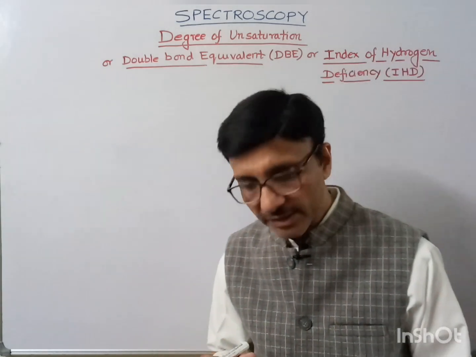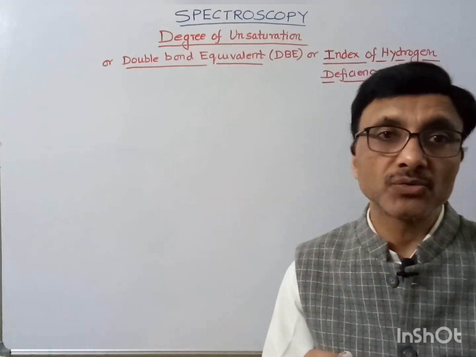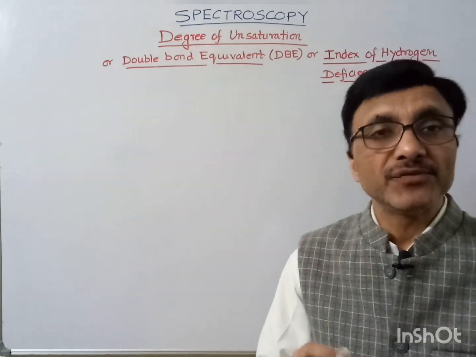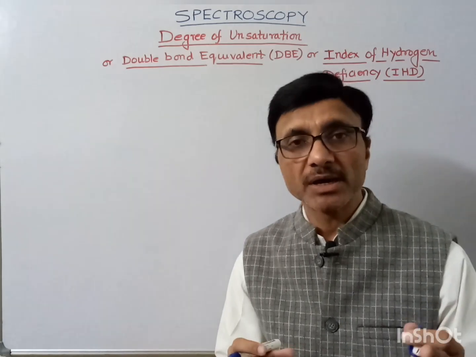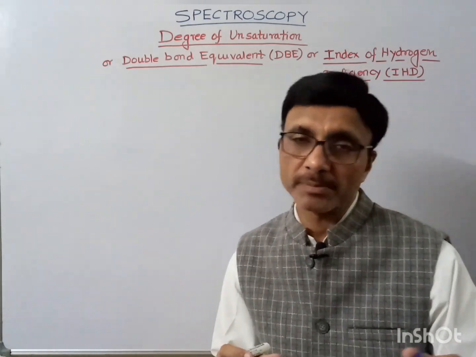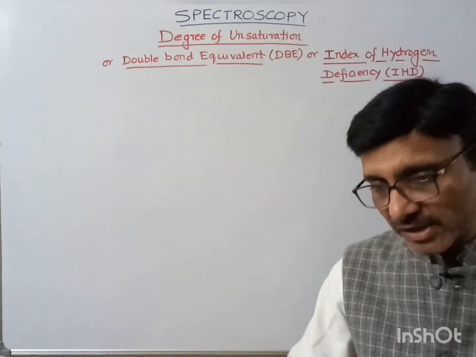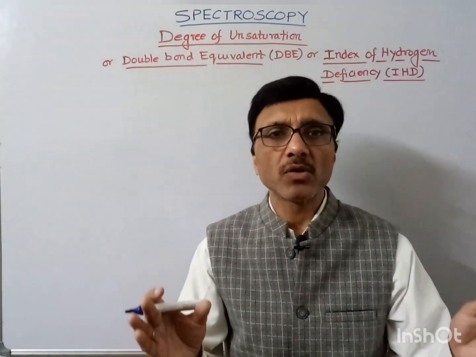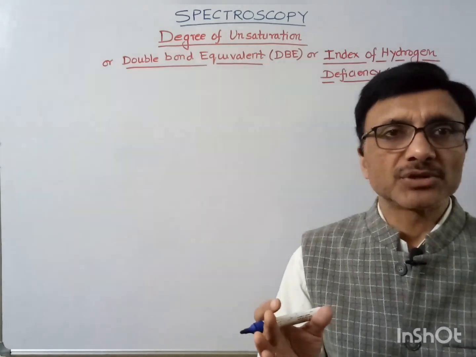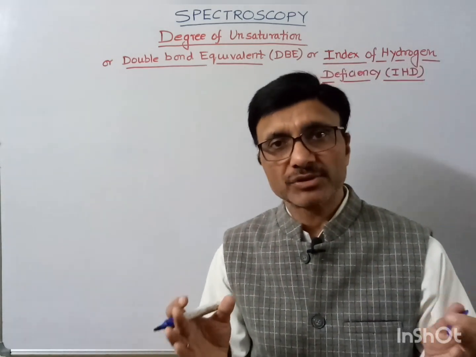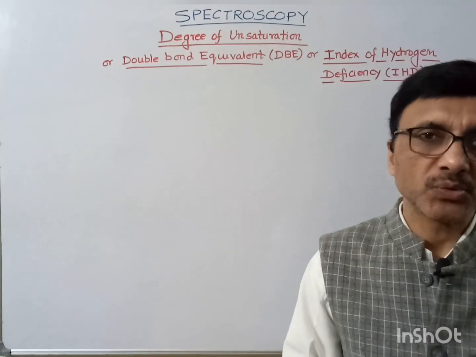We can determine the structure of any unknown molecule if we have the different spectral data coming from UV visible or IR or NMR or mass spectroscopy. If we combine all these data, we can determine the structure of any unknown molecule.